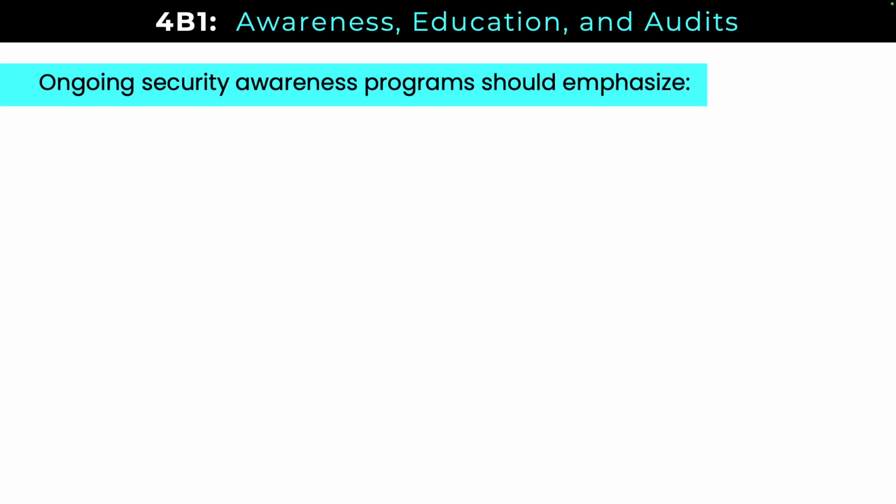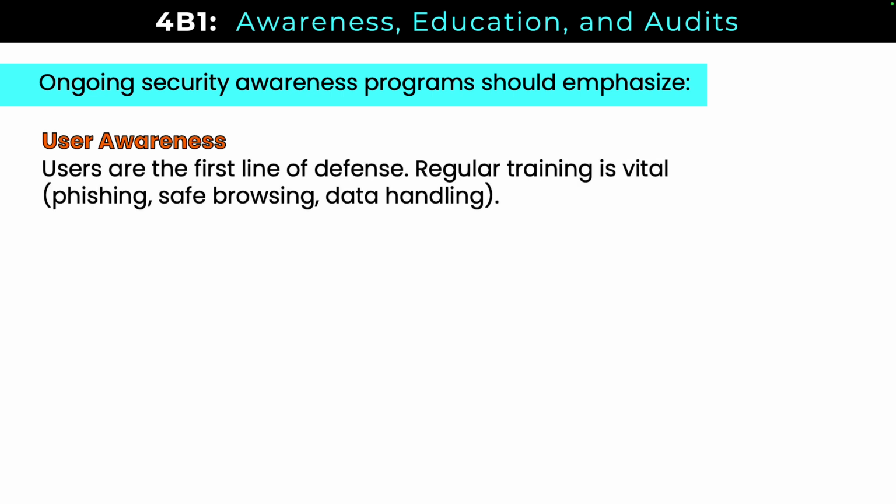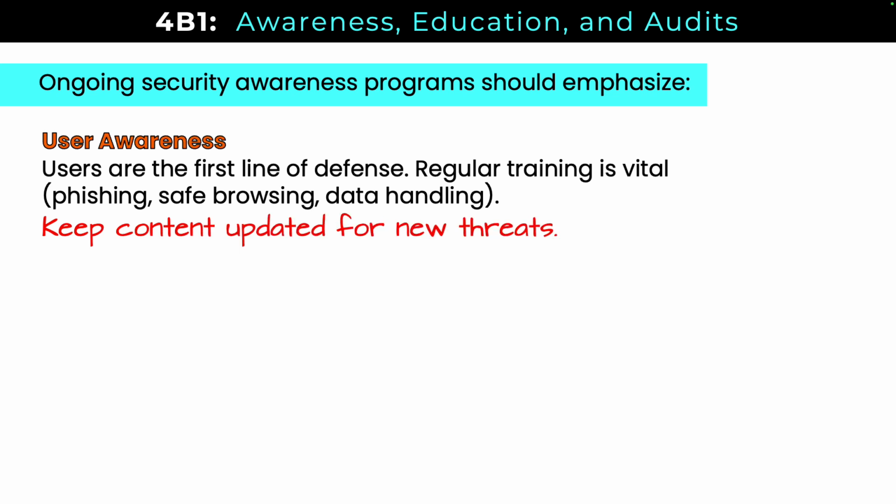So in terms of security awareness programs, we need to emphasize user awareness. Our users are our first line of defense, and regular training is important to ensure they are up to date on the latest threats. They should be familiar with phishing attacks, safe browsing techniques, handling our sensitive data securely, and we want to keep that content updated for new threats.